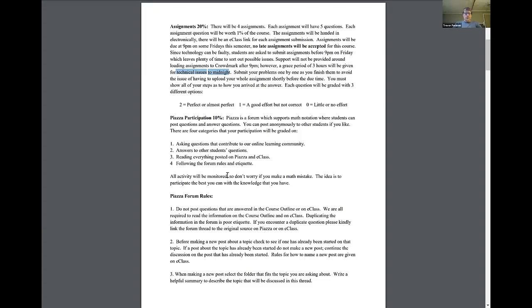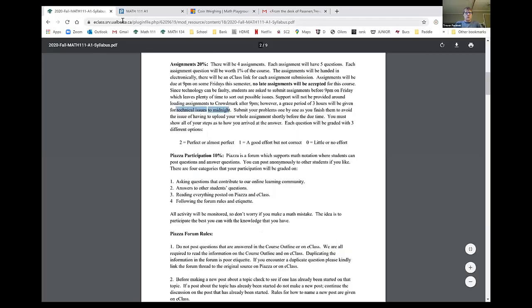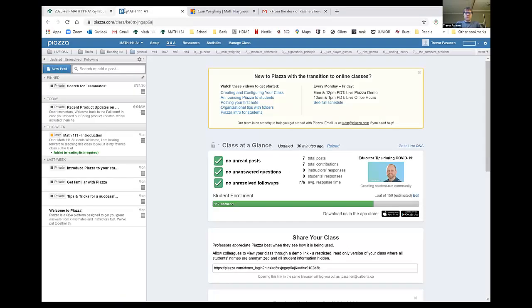So I'll just flip over to what Piazza looks like for a moment. So if we just scroll over here, I think we can find it. Okay, so the main page on Piazza should look like this.